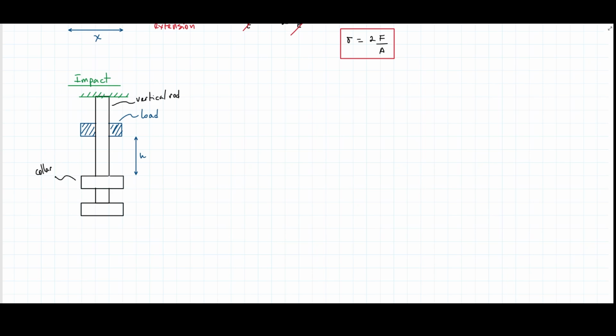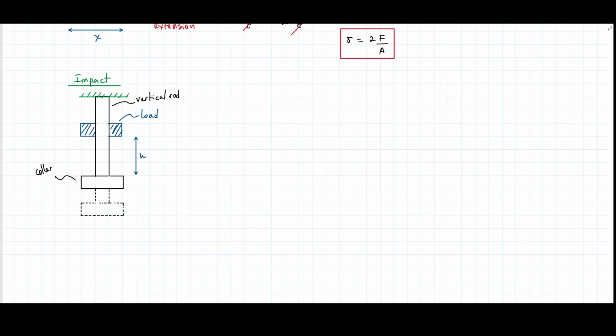So of course, when I release the load, it's going to fall down and hit the collar. And then due to the impact, this is going to extend. Just exaggerating that, due to the impact of the load, the collar extended that much there.